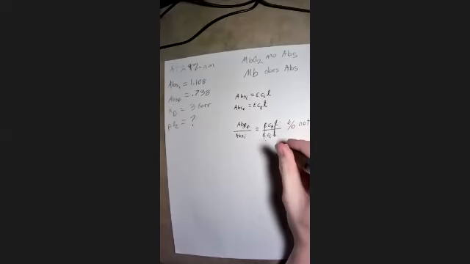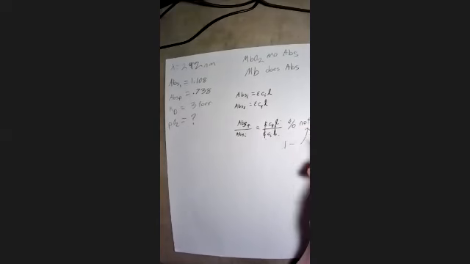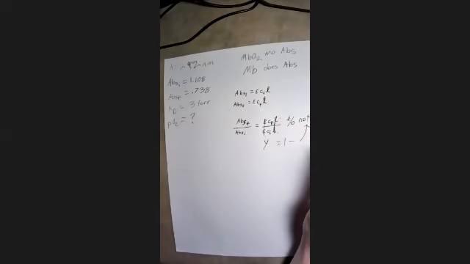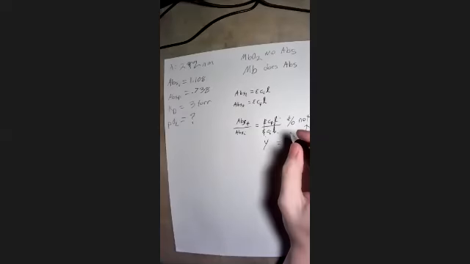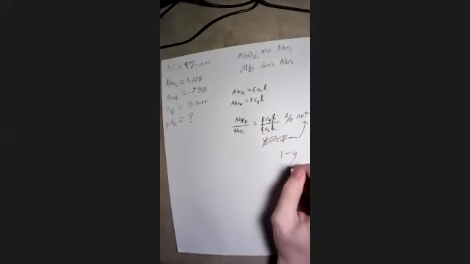And the percent not bound, 1 minus this number, should give us our Y. So this number here is 1 minus Y, which is our percent bound. All right, so we can then calculate our percent bound from that.